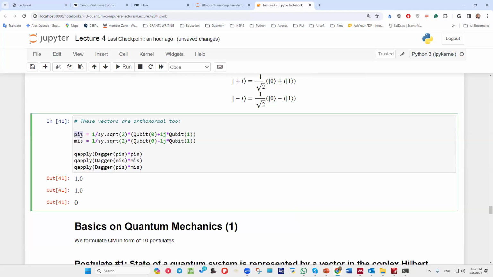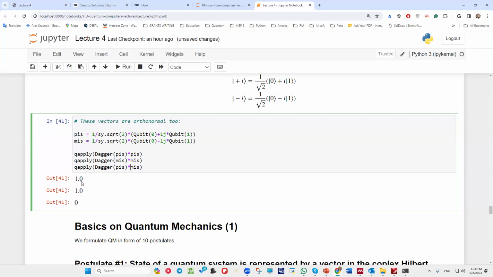So I introduce plus i state and minus i state through these combinations with the imaginary unit. I remind you that the imaginary unit in Python is 1j, not i. Okay, so 1j here. And then I compute the inner products of plus i with plus i, minus i with minus i, and then the inner product of two different vectors.